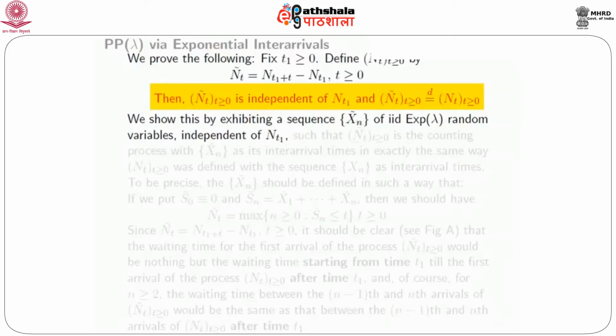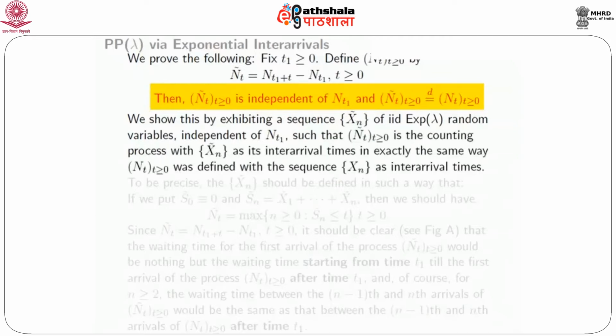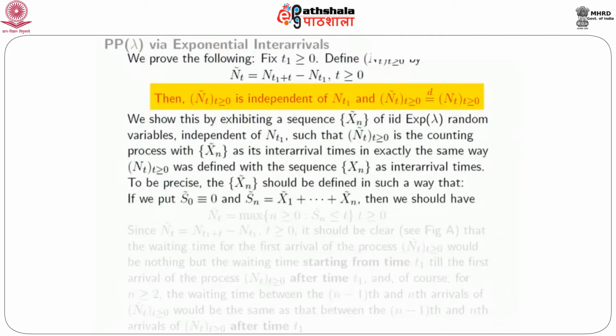So what we do is we show this by exhibiting a sequence X_n tilde of IID exponential lambda random variables which are independent of N_{t1}, such that N tilde t is the counting process with X_n tilde as its interarrival times, in exactly the same way that N_t was defined with the sequence X_n as interarrival times.